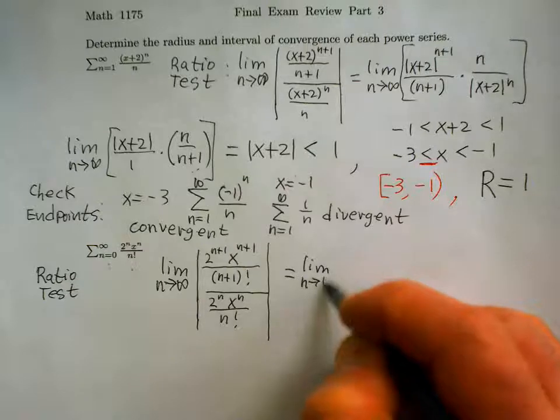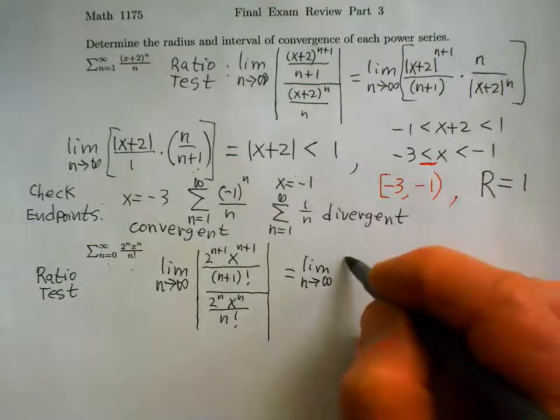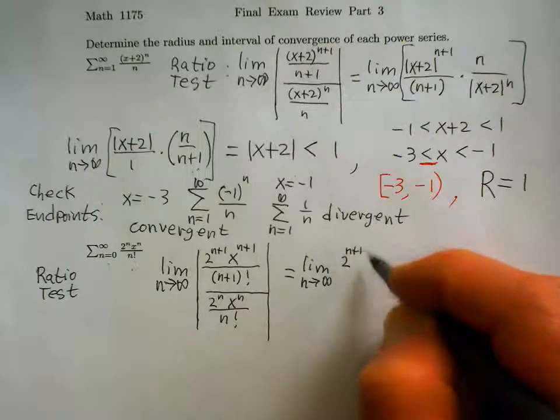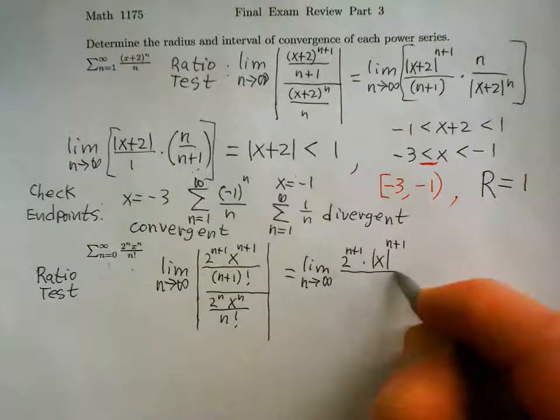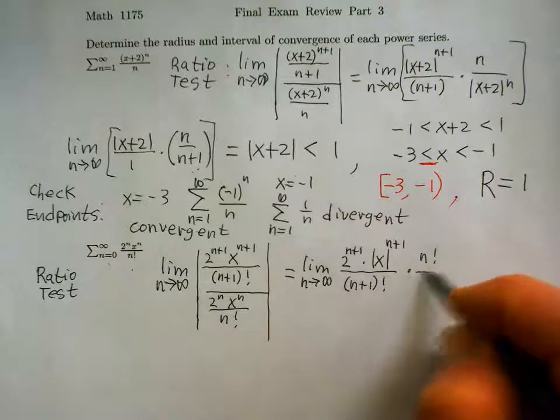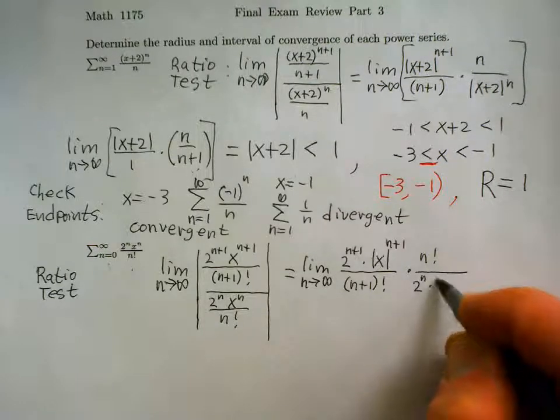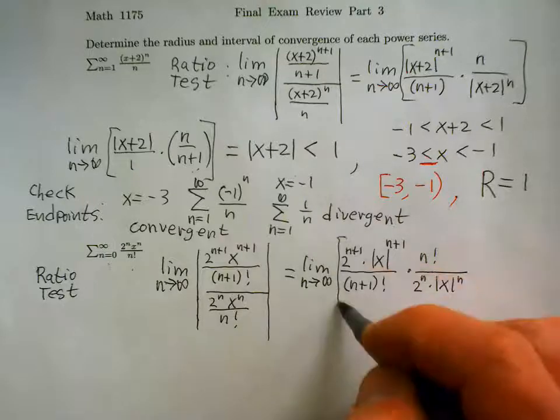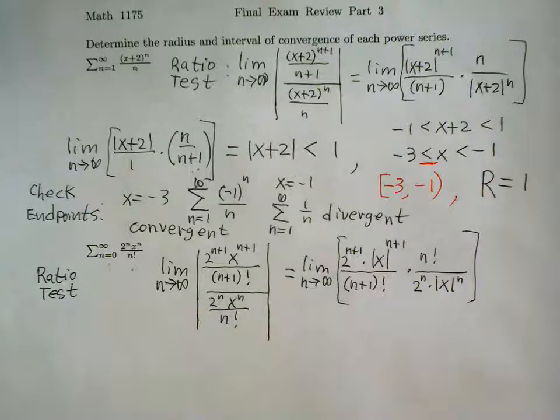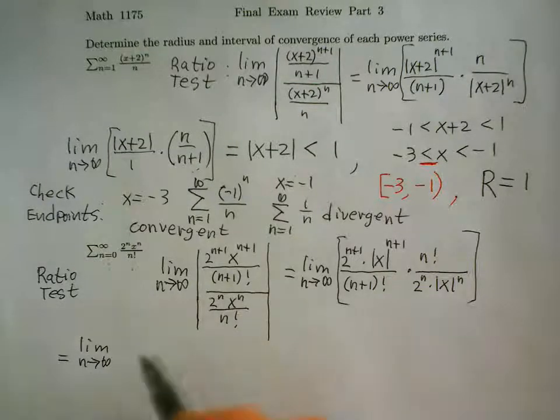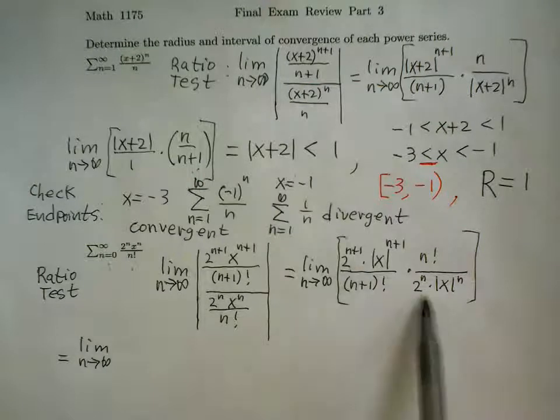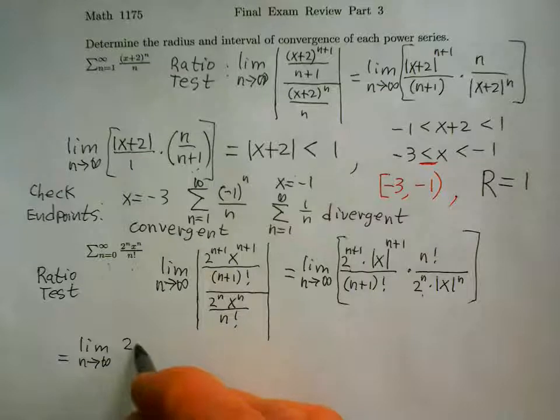Then we'll simplify the complex fraction. So we have 2^(n+1) times the absolute value of x^(n+1) over (n+1) factorial, and then times n factorial over 2^n times the absolute value of x^n. 2^(n+1) over 2^n simplifies to a factor of 2 in the numerator.